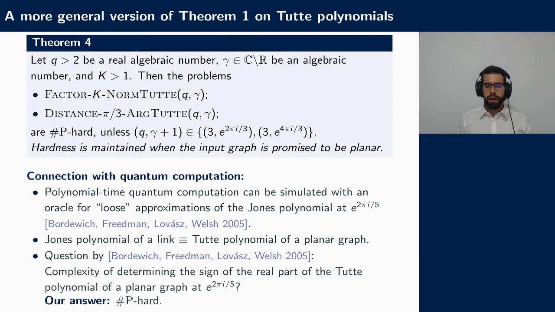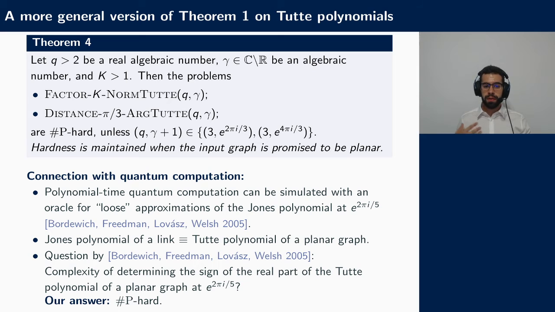Well, the reason for posing this question is that with an oracle for this problem, they can obtain these loose approximations for the Jones polynomial, and therefore simulate polynomial time quantum computation.